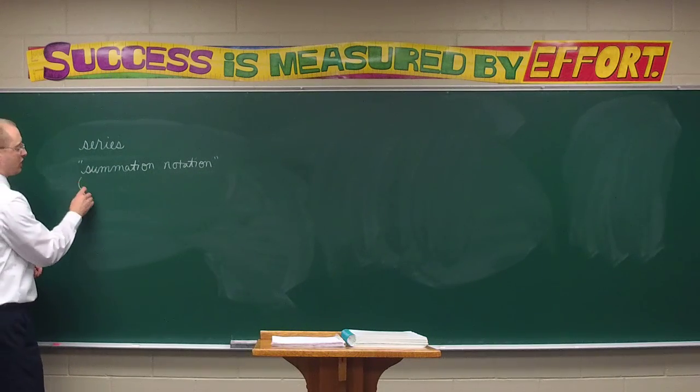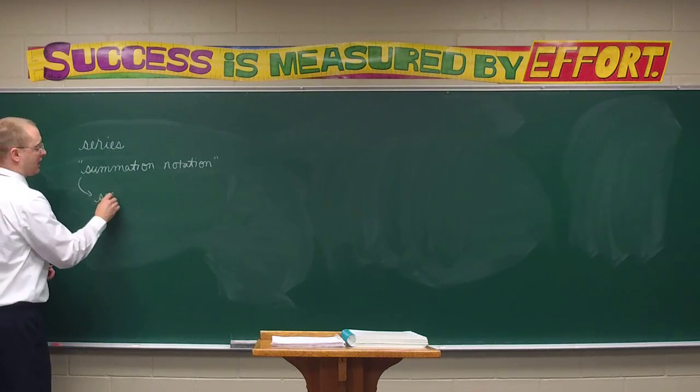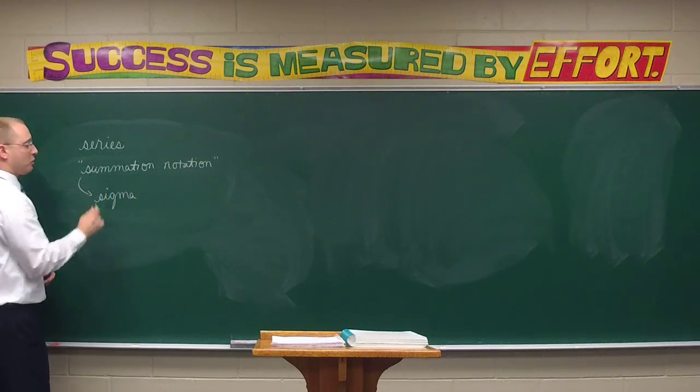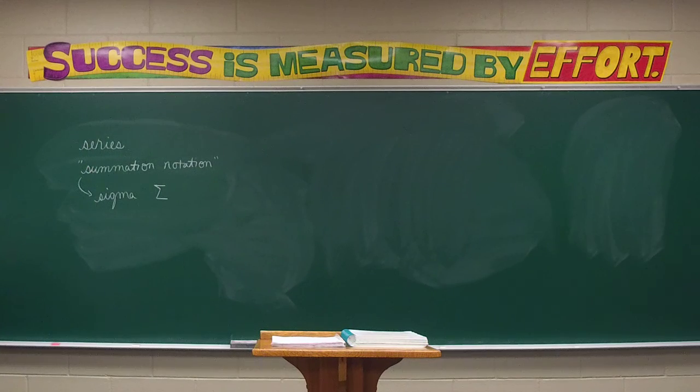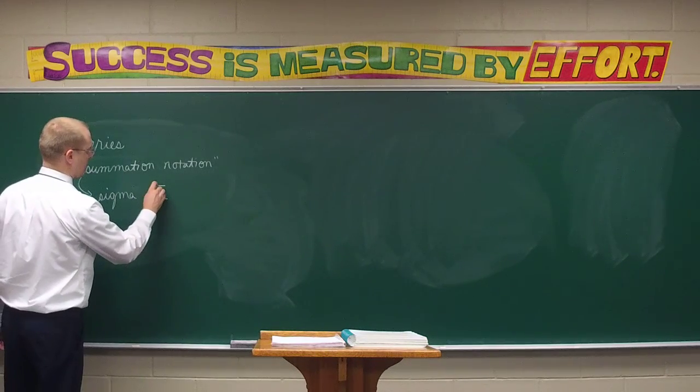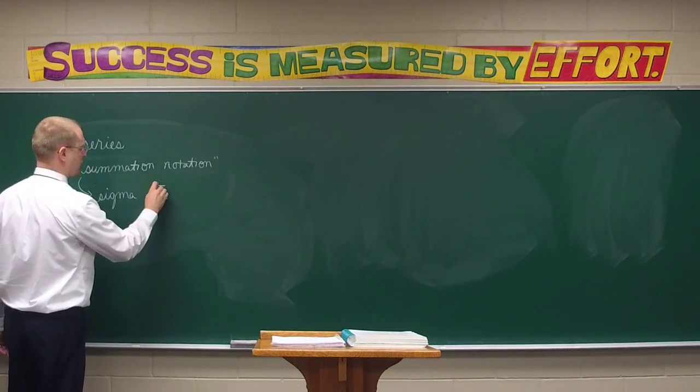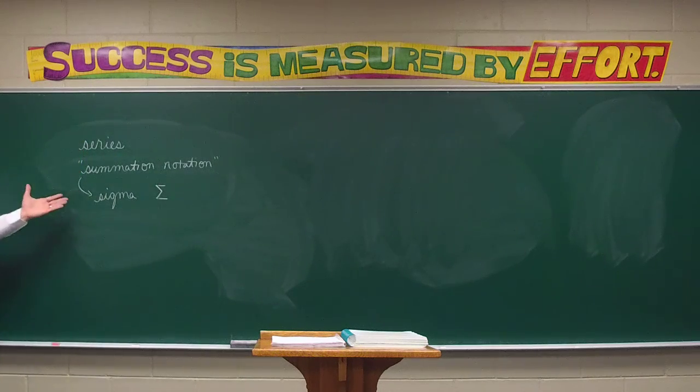Summation notation uses a Greek letter, the capital sigma. Those who are in geometry already recognize this. It looks kind of like a backwards 3, or an E maybe. Anyway, this is the summation notation.